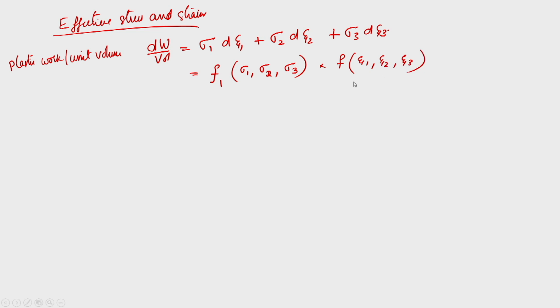We can write like this. So, this is a stress function, and this we can call a strain function. So, the total plastic work per unit volume we can write as a stress function multiplied by a strain function.